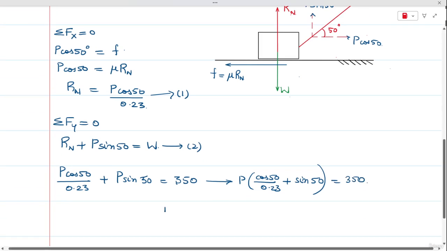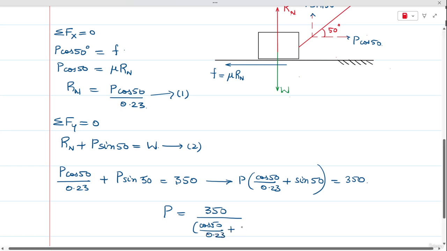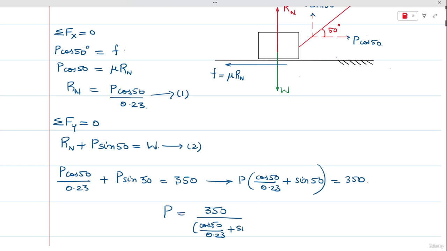If we simplify this further, P becomes 350 divided by (cos 50 by 0.23 plus sine 50), and upon solving we would get 98.29 newtons.